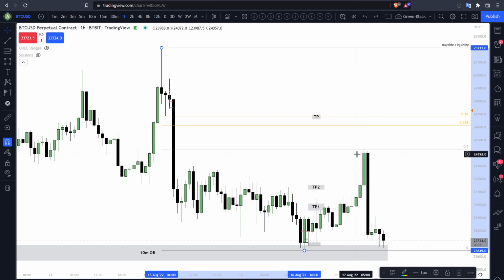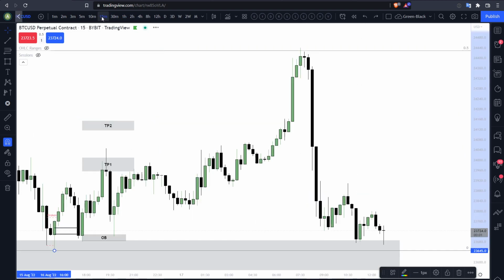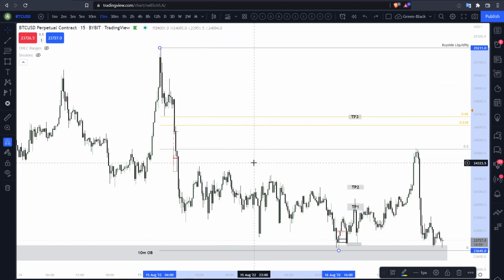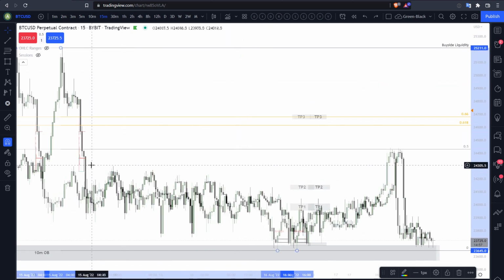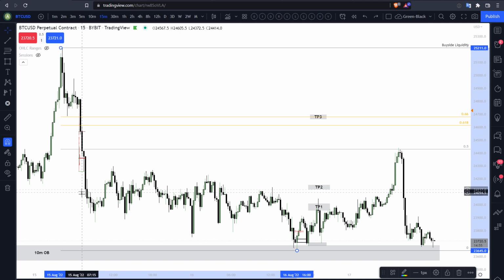And additionally, moving to the 15-minute chart, I use a fixed range tool on this whole decline, and I can see that the point of control, or known support resistance line of the range, is also in this area.